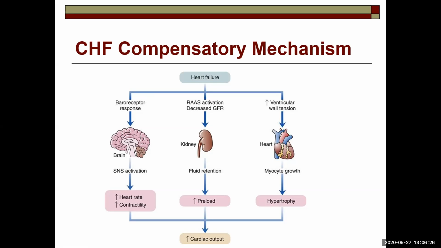So you have less urine being produced or excreted, and then you have fluid retention. When you have fluid retention, you have an increase in preload, meaning fluid retention within the blood vessels before you get into the right atrium. That increase in preload can also increase cardiac output.